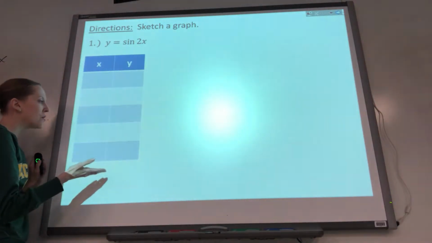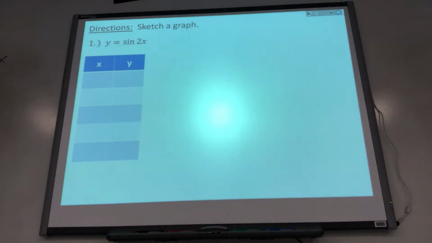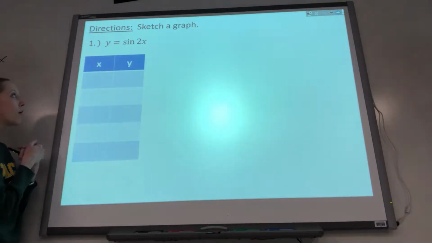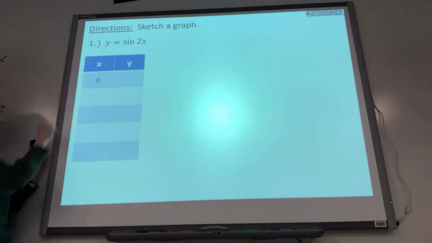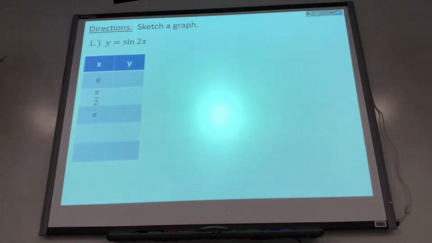Even though it's new, I'm still going to go back to the method that we've been using, which is to make an XY table. And for the time being, I'll stick with the same old x values: 0, pi over 2, pi, 3 pi over 2, and 2 pi.